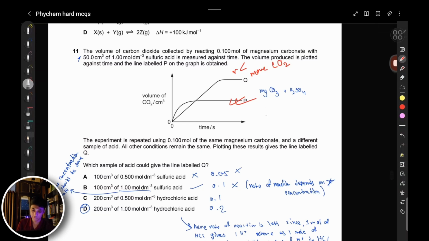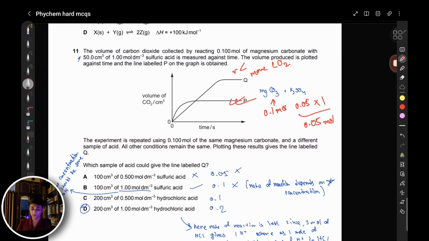In both cases, for both Q and P, you have 0.1 mole of magnesium carbonate. However, in the first case, you have 0.05 times 1, that is 0.05 mole of H2SO4.